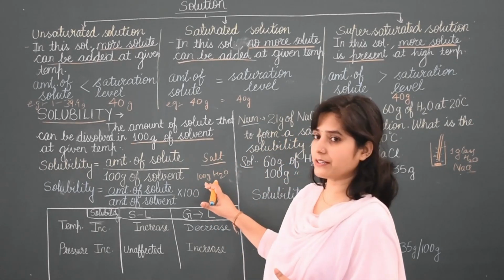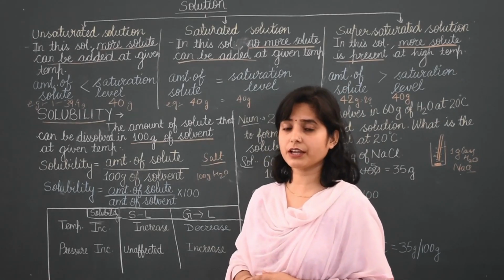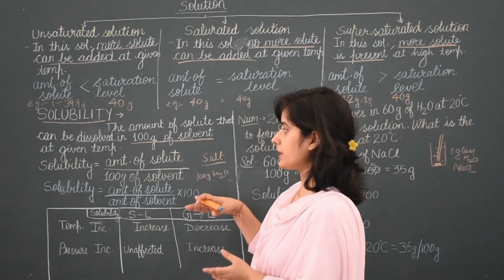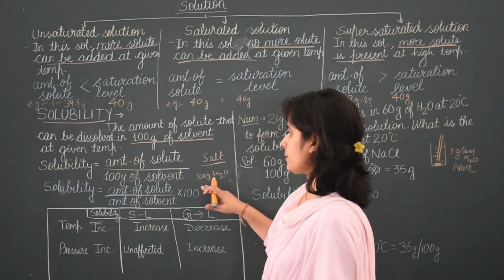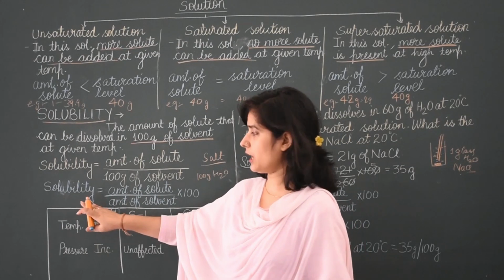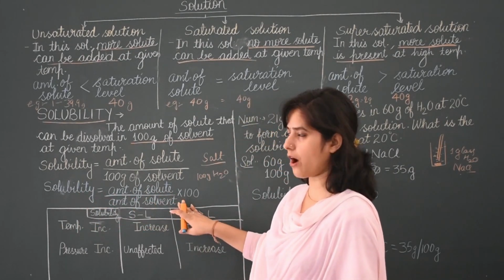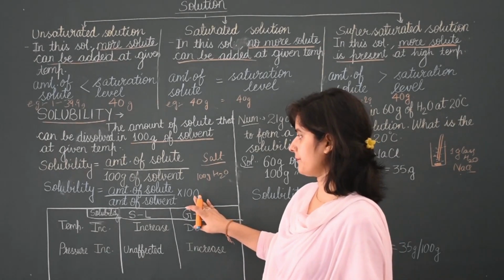When we do it practically, it is not always given that the solvent is 100; the solvent can vary, it can be less or it can be more. So practically, when we solve this type of numerical, there is one formula: solubility is equal to amount of solute upon amount of solvent into 100.